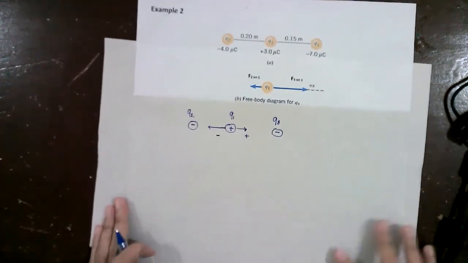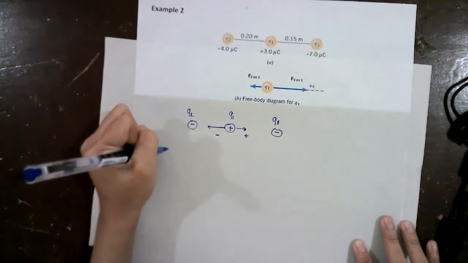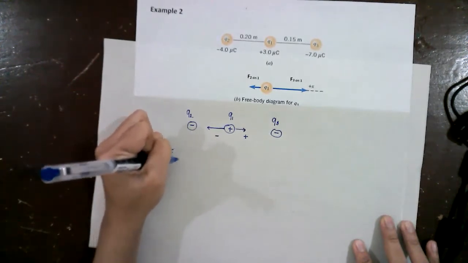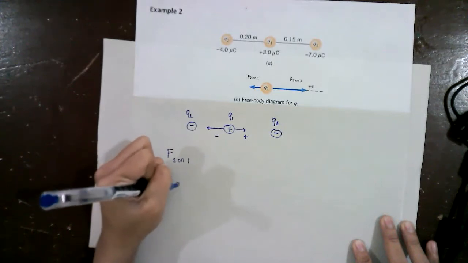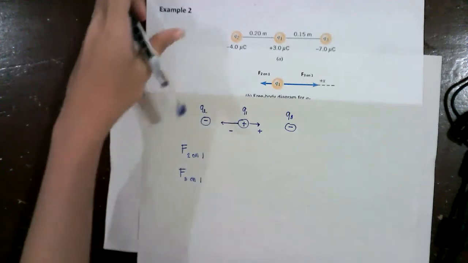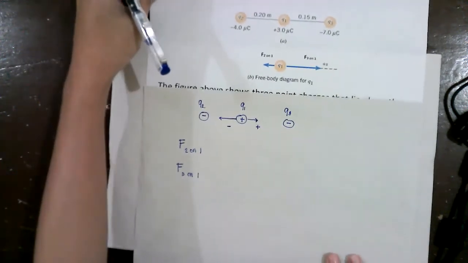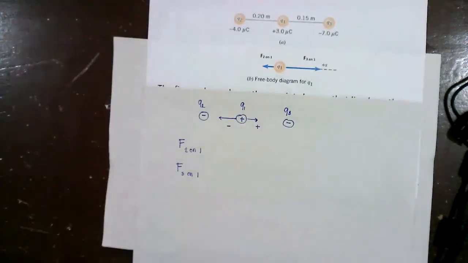Now, how are we going to denote this? We are going to have force 2 on 1 and then force 3 on 1. This is what we will look for, or solve. Given, okay, we are going to write the given.